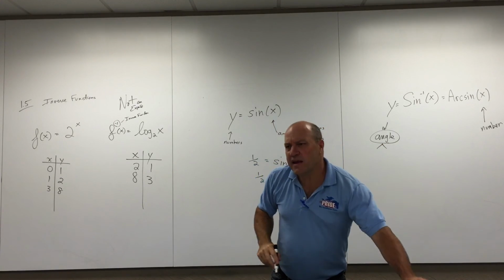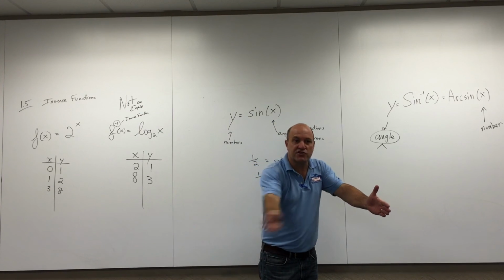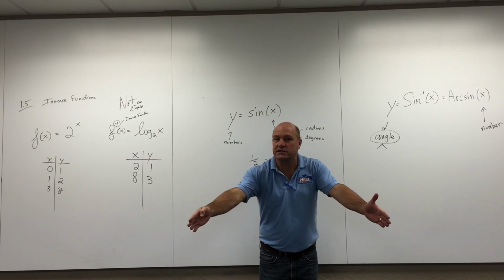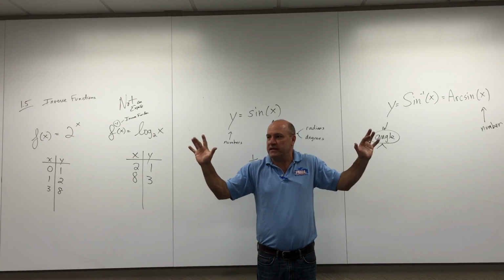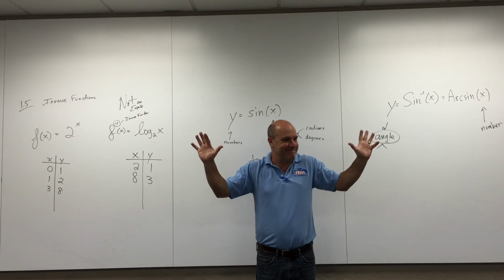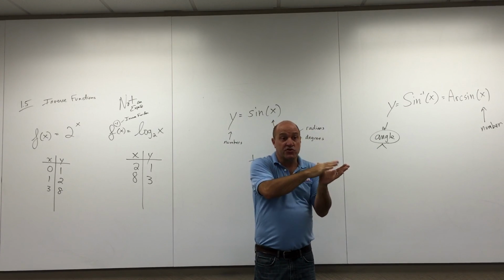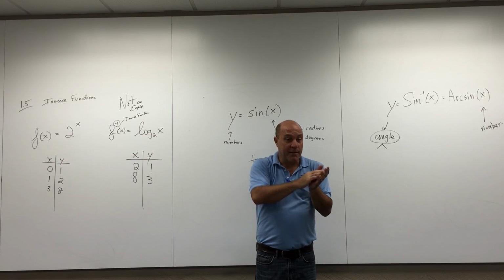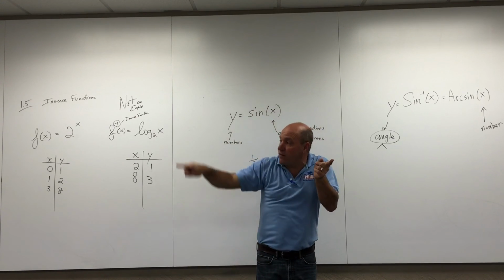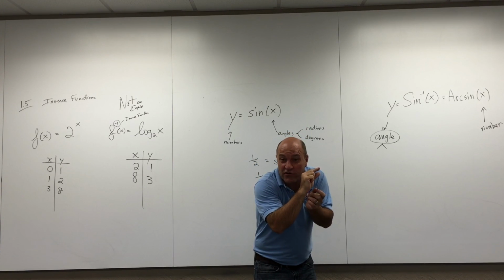You know, degrees or radians is sort of like just a unit. If I measure this table, I can measure it in feet or I can measure it in inches. It's not some freaky thing, really. I can measure angles in degrees or I can measure them in radians. How many degrees does it take to go all the way around this circle? 360. Those are little teeny things called degrees.